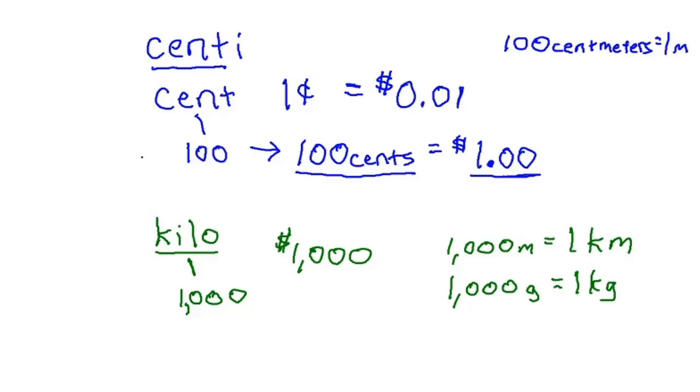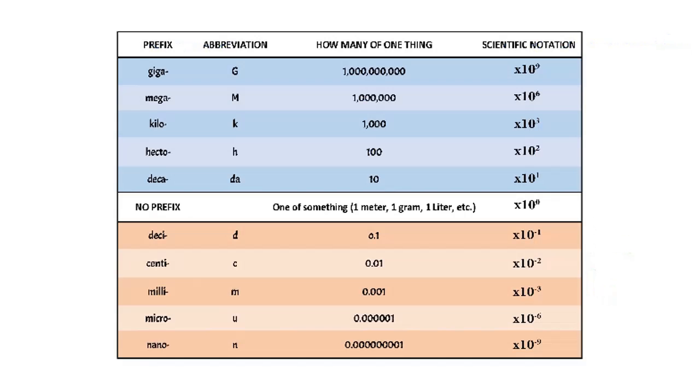So let's look at this table again, and you can see down here is the centi. I have it down here on the bottom because these are the small prefixes, so they're going to be smaller than 1. Just like a cent is smaller than a dollar, centi is going to be smaller than 1. We need 100 cents to make a dollar, so we need 100 centi somethings to make 1 of whatever that something is.